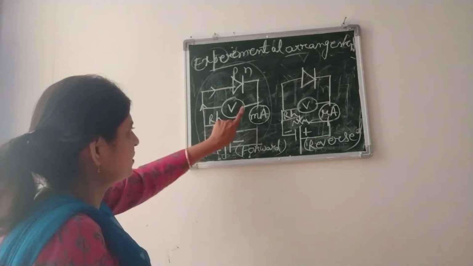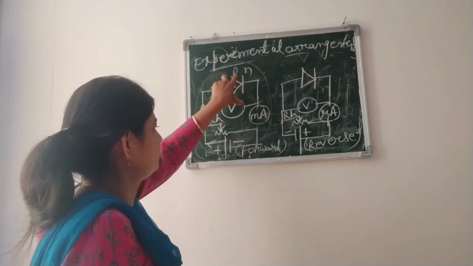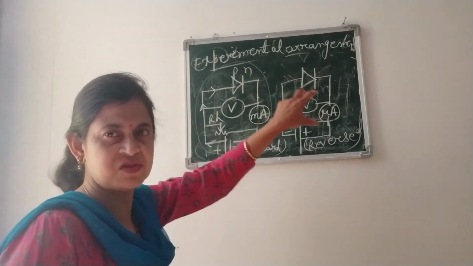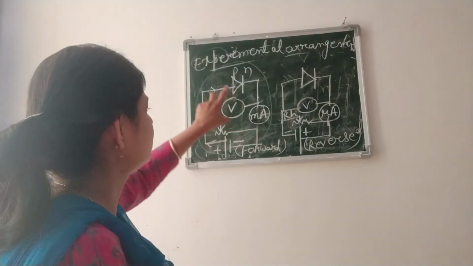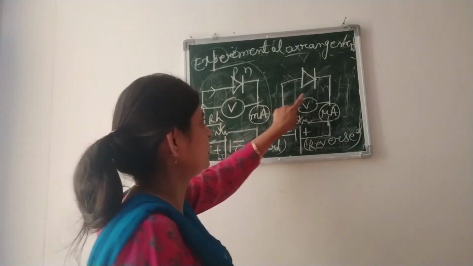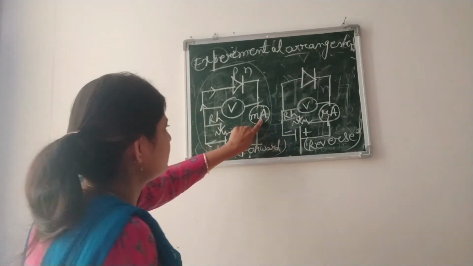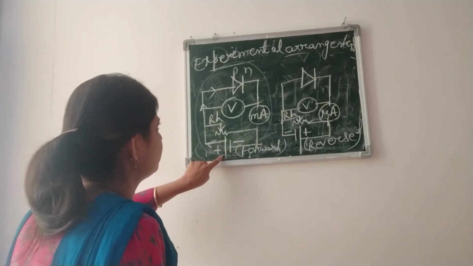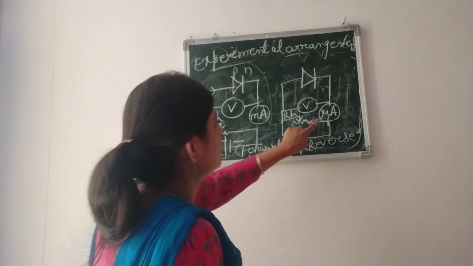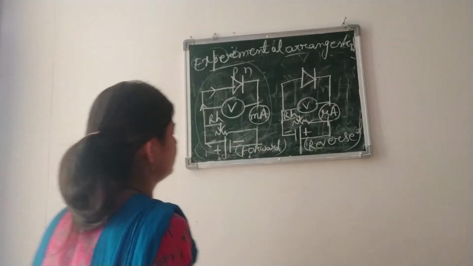So the difference for the experimental study of the VI characteristics of PN junction diode is that a milliammeter is connected during forward biasing and a microammeter is connected in reverse biasing.